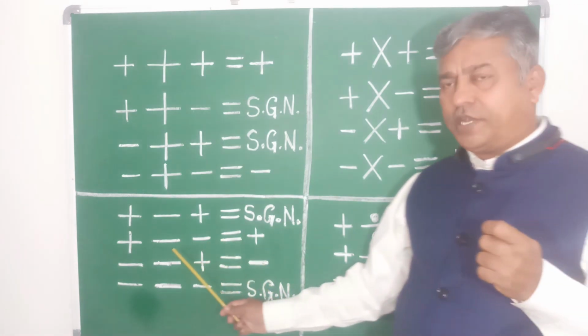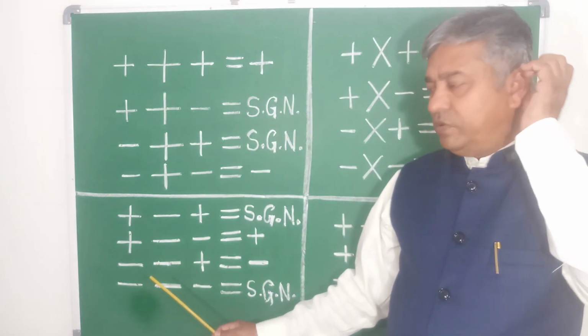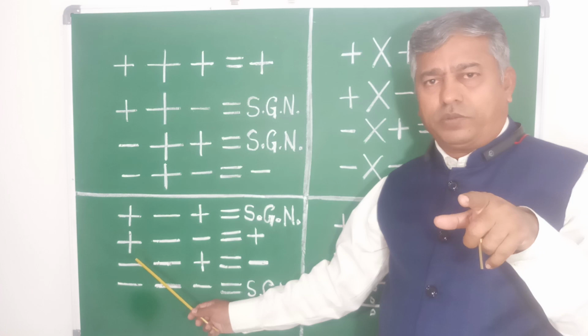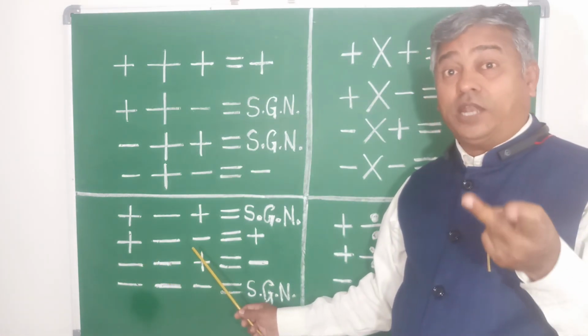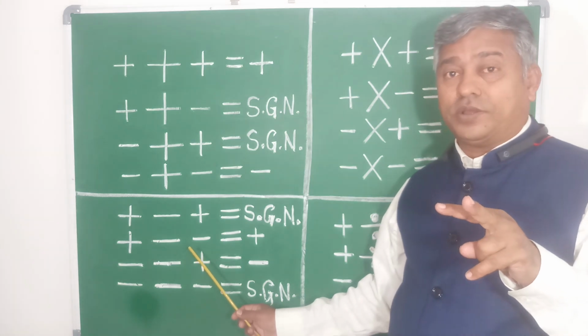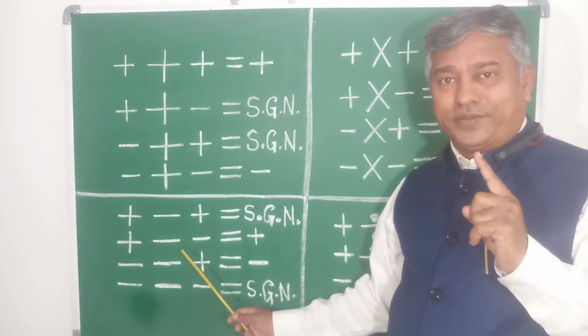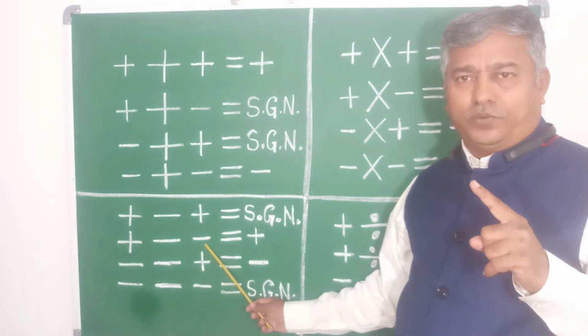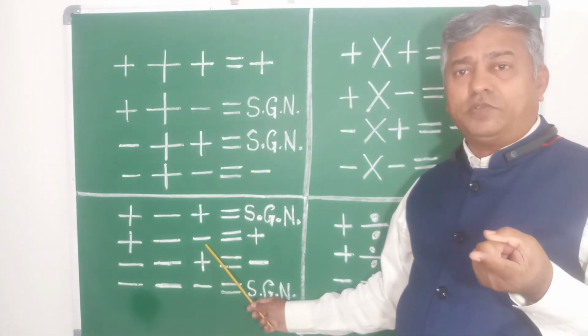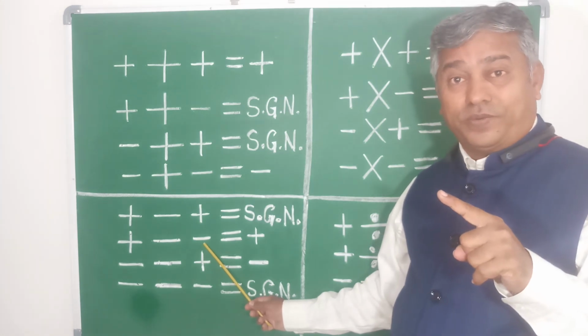Next, now the second part. If the first number is positive and the second is negative, then their subtraction should be added, because the second sign, which is negative, becomes positive.